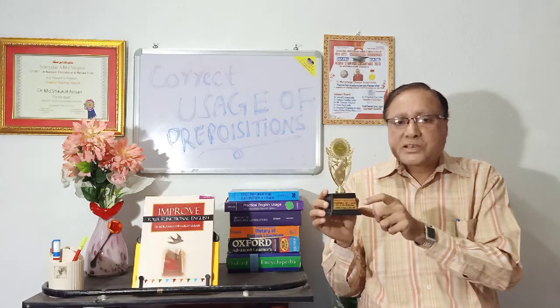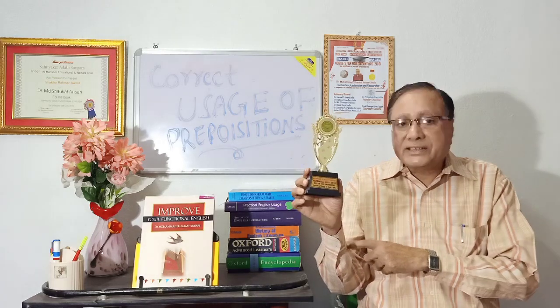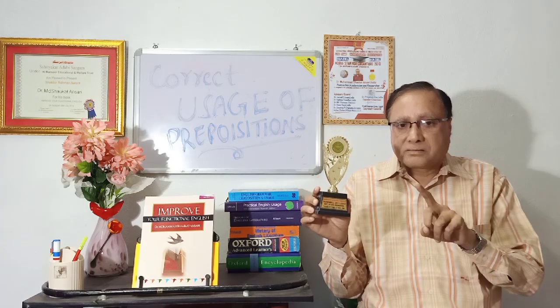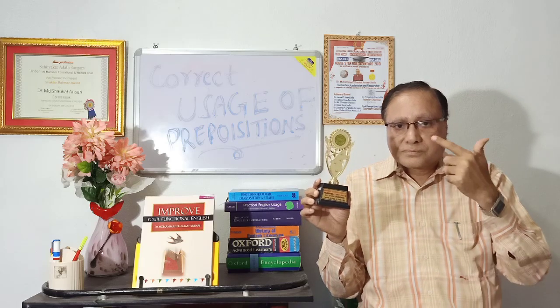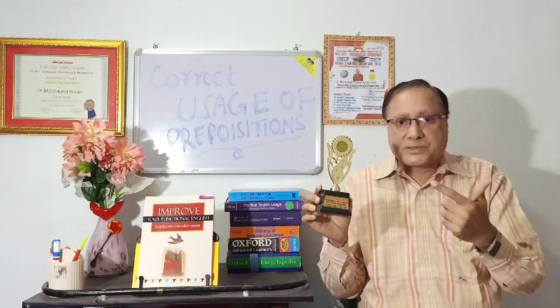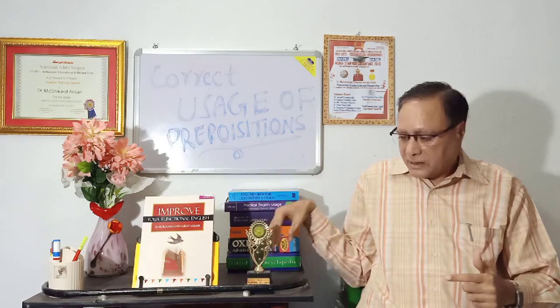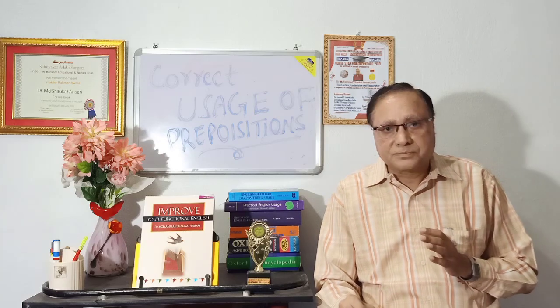So I can say this medal is in my hand, in my right hand. So here, according to the meaning, in the context of the purpose, I have used in. Got my point? So according to meaning, you use prepositions in sentences.